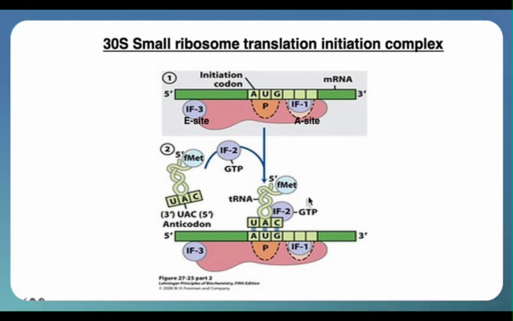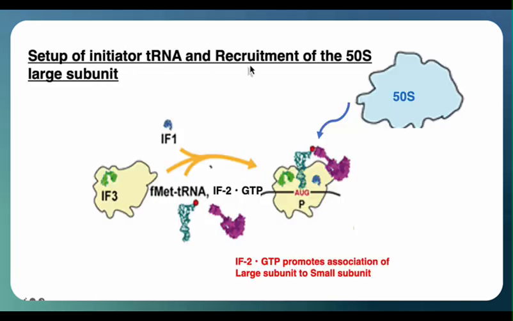In this state, the initiator transfer RNA with attached formyl methionine forms a ternary complex with the IF-2 GTP complex, allowing it to stably bind to the translation initiation codon. Once the setup of the translation initiation transfer RNA is completed, the large subunit is recruited onto the small subunit.